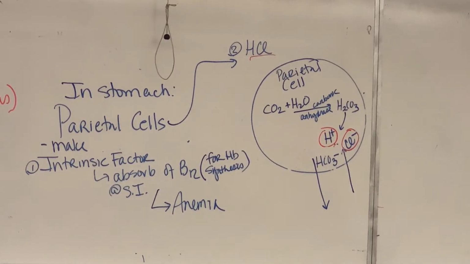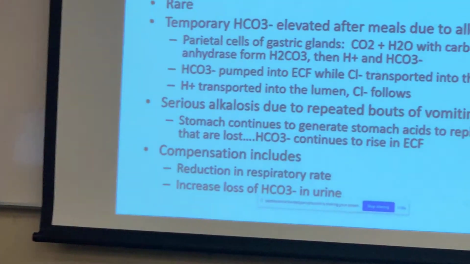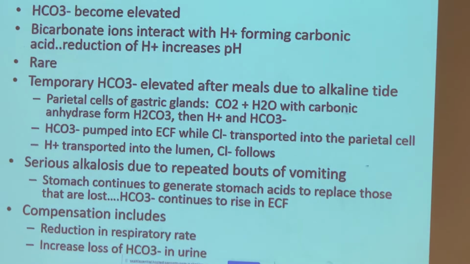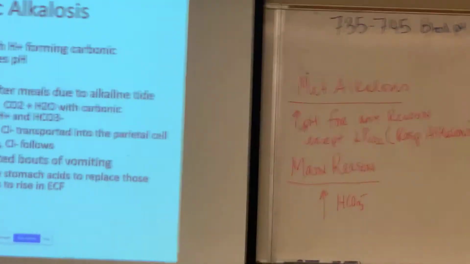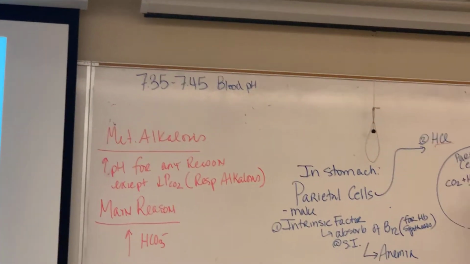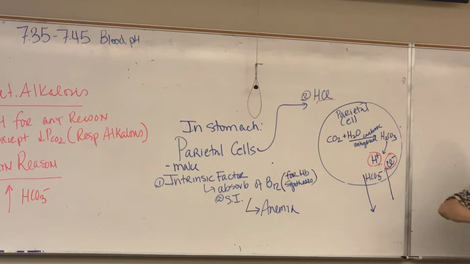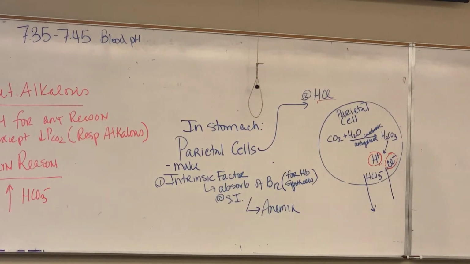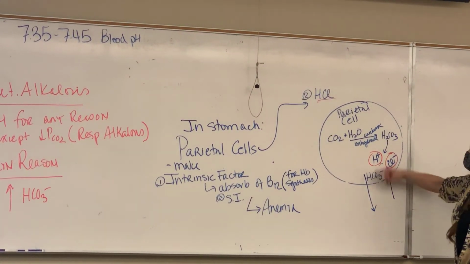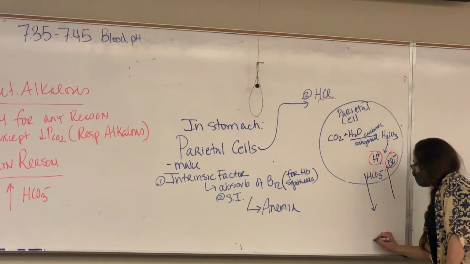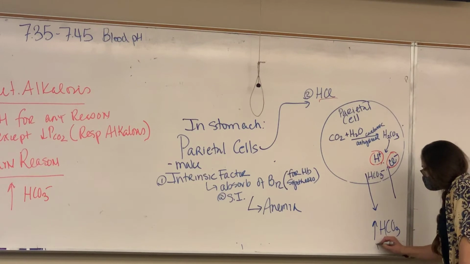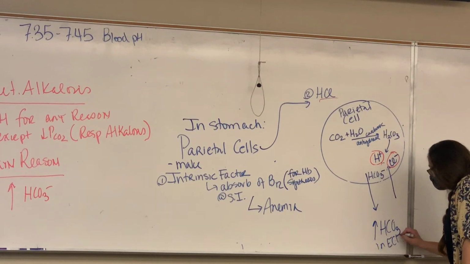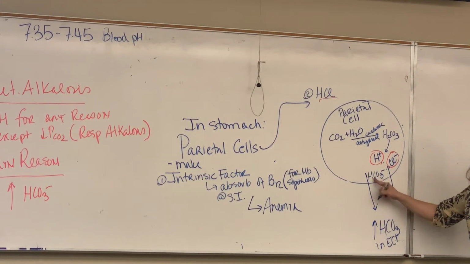The bigger problem is repeated bouts of chronic vomiting. That is going to go on for longer periods of time. As long as somebody's vomiting, those parietal cells are producing hydrochloric acid. And as long as these cells keep cranking out hydrochloric acid, bicarb keeps rising in your extracellular fluid because of this right here.